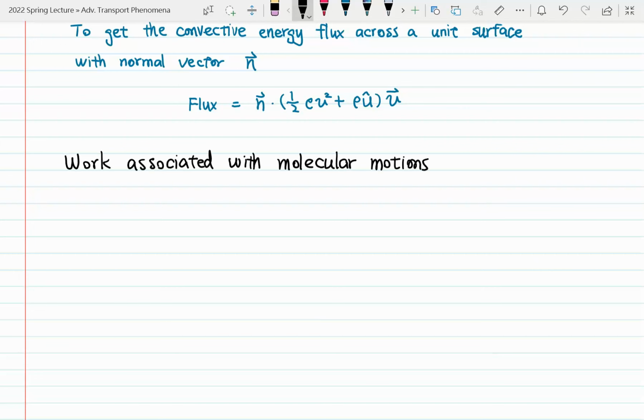Okay, so let's take a quick review of the first law of thermodynamics. The first law of thermodynamics is basically the conservation of energy.